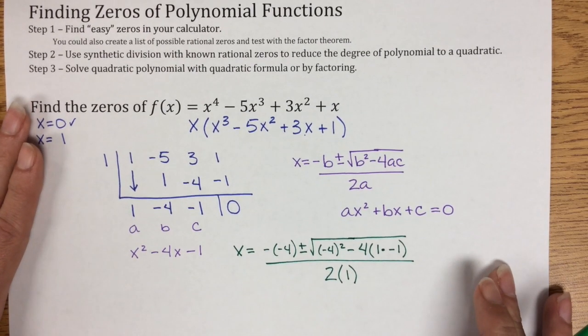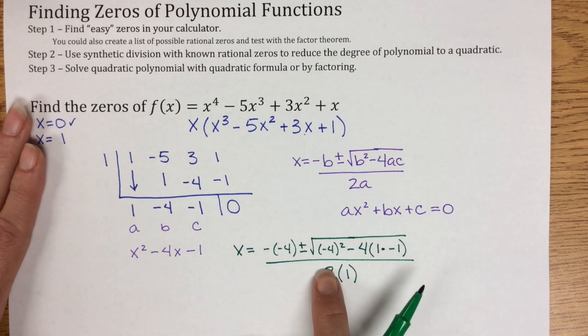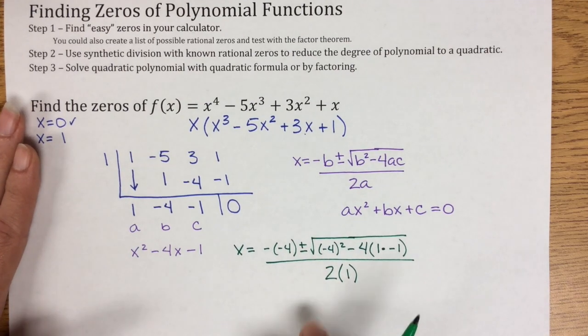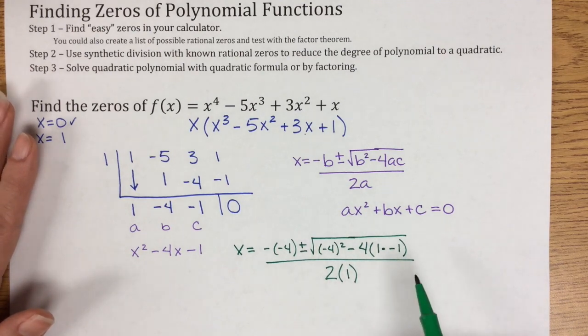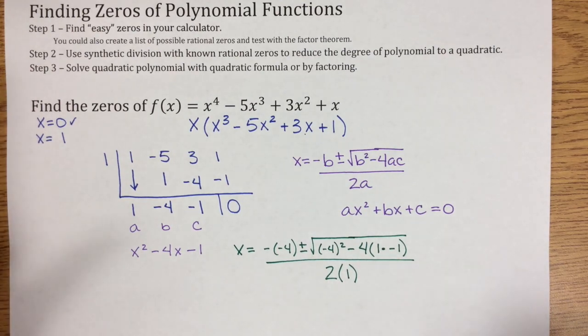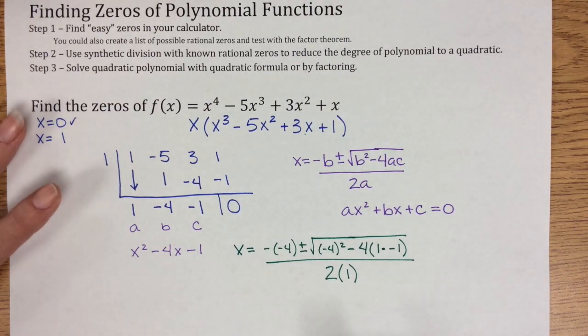As you move forward, you can do some of this in your head, and I suggest you do. You never want to put the whole thing in your calculator at one time. It's just going to mess you up. So let's clean it up a little in our head, and then we can go to our calculator.